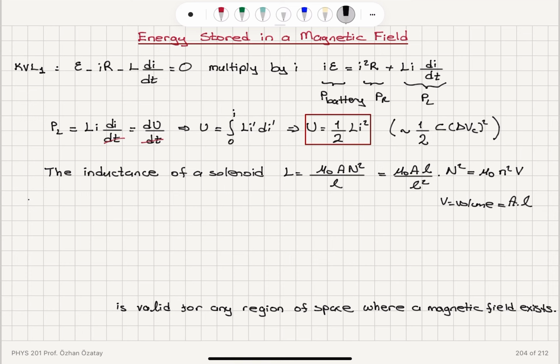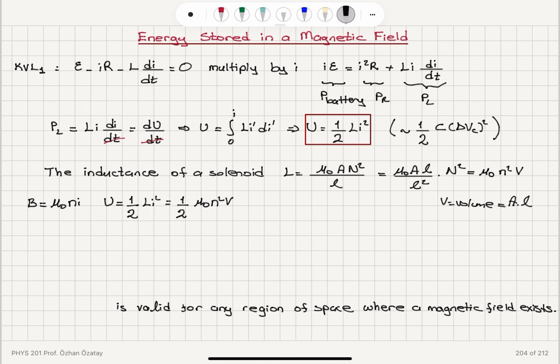And the magnetic field inside the solenoid is mu 0, number of turns per unit length multiplied with current. So the energy stored, potential energy stored, will be 1/2 L I squared, which is 1/2 mu 0 n squared V, that's the inductance.